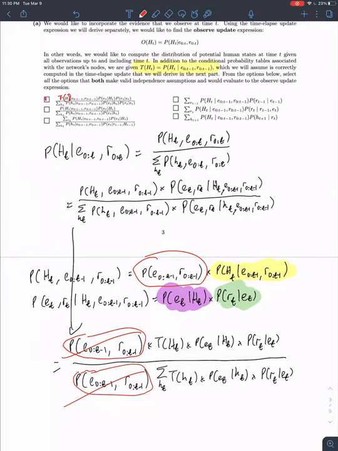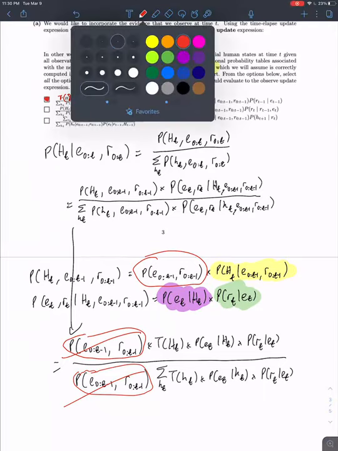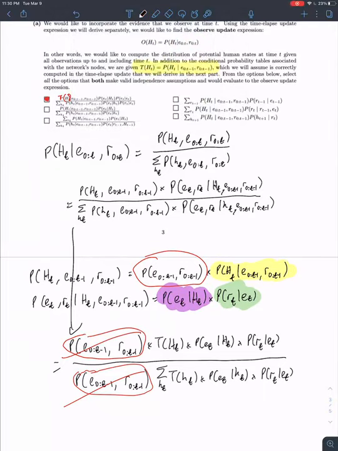So this makes valid independence assumptions and evaluates to the next observation update expression. Because all we were doing here was finding something exactly equal to big O of HT.